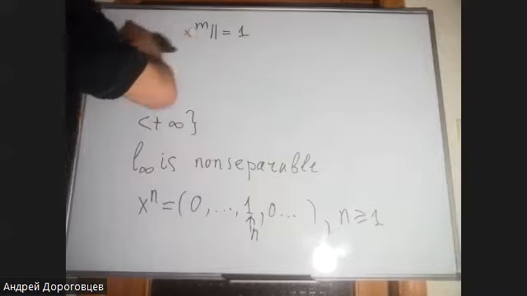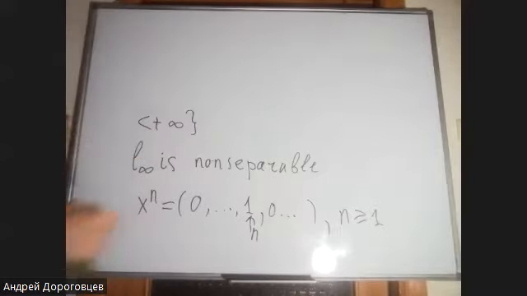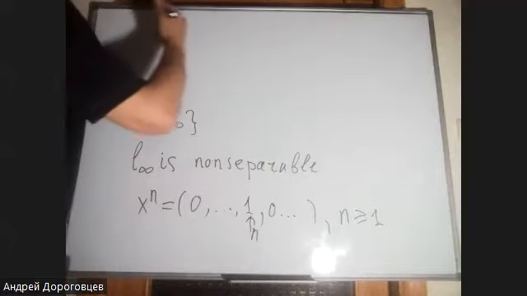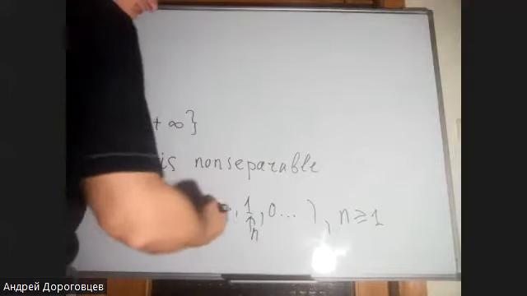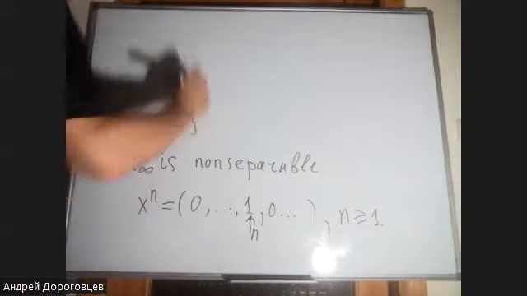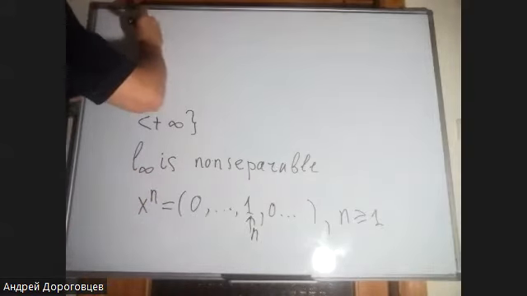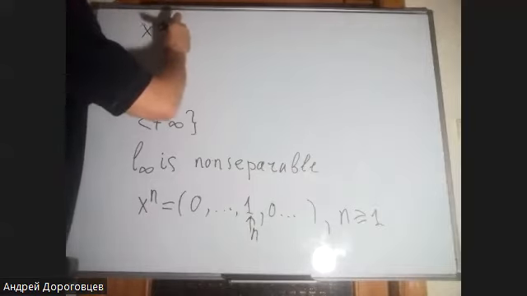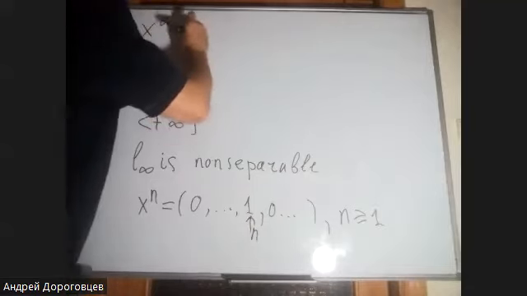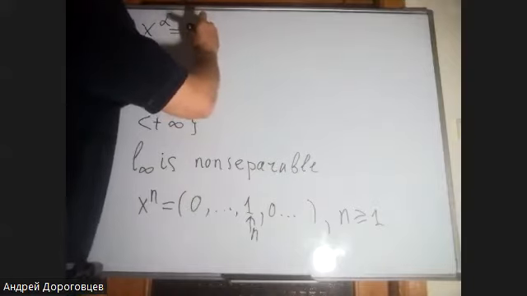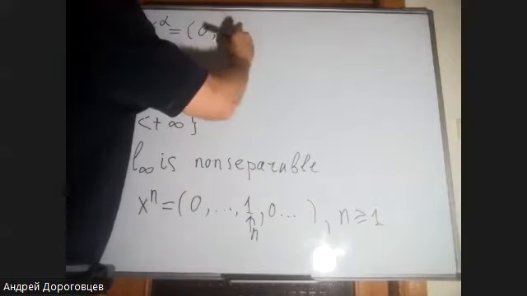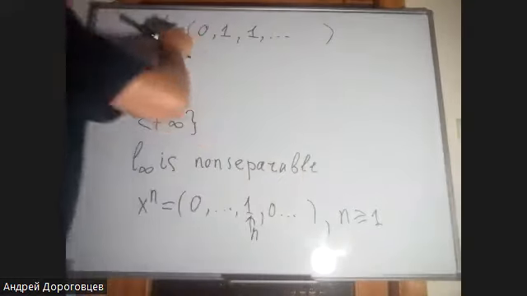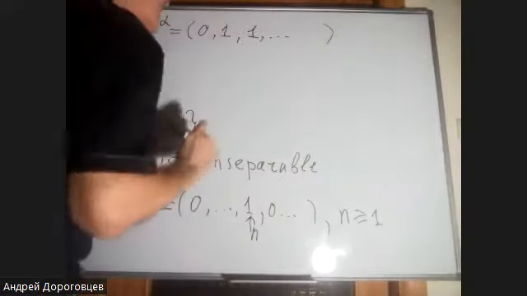But now let's go further and consider much more complicated things, where we have not one point, but an arbitrary sequence of zeros and ones. So now consider x_alpha, where alpha is an arbitrary sequence of 0, 1, 1, for example, and so on. How can we get such a sequence?